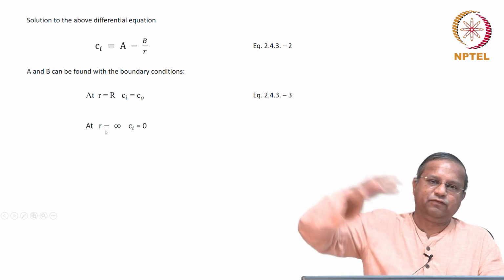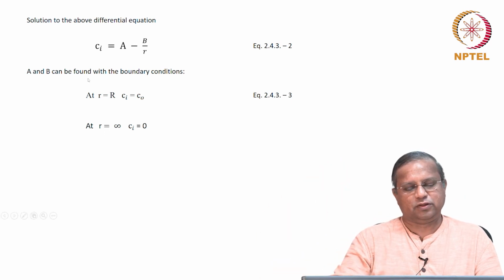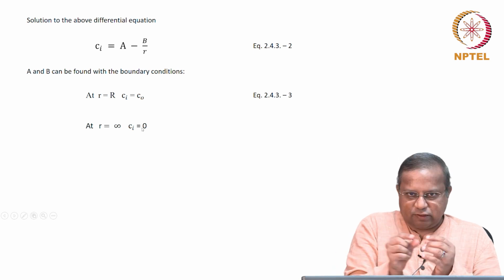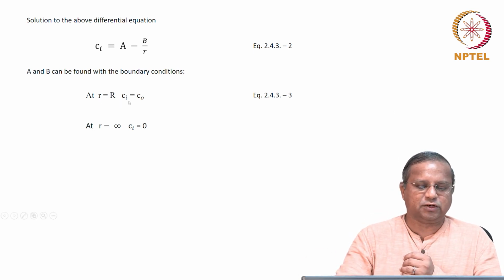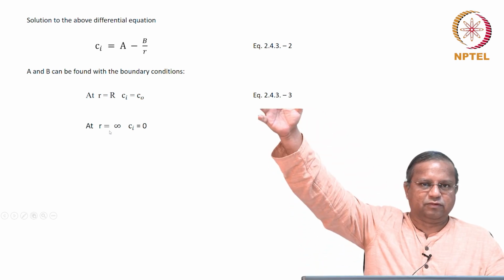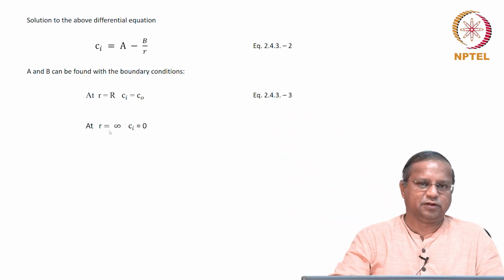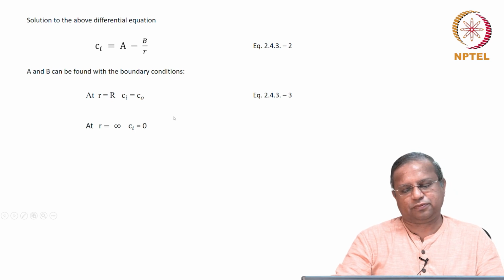And at r equals infinity, the sphere of influence, it ultimately goes to 0. The growth factor concentration goes to 0. So, at the surface of the pellet, that is r equals R in our situation, the concentration of the growth factor is C_0, that is given in the problem itself, and at a very large distance from the center, there is no growth factor present, and therefore, the concentration is 0.